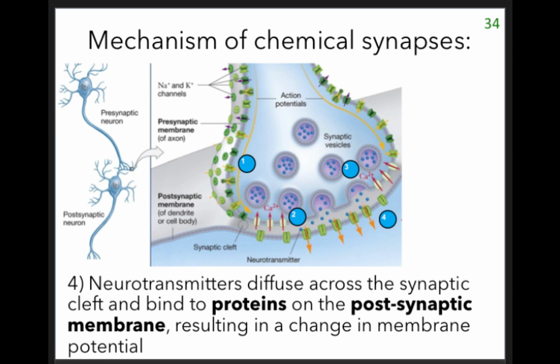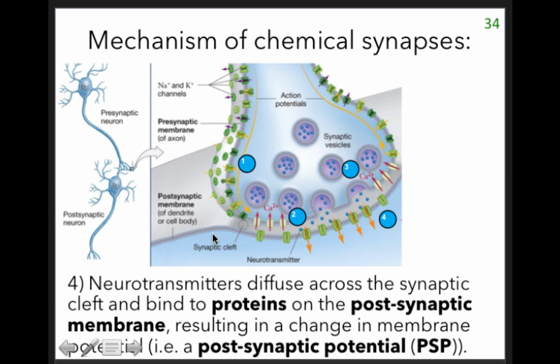It basically causes this membrane to become either a little more negative or a little less negative. This change in voltage in this cell, we call a postsynaptic potential, meaning a change in the membrane potential of this postsynaptic membrane.